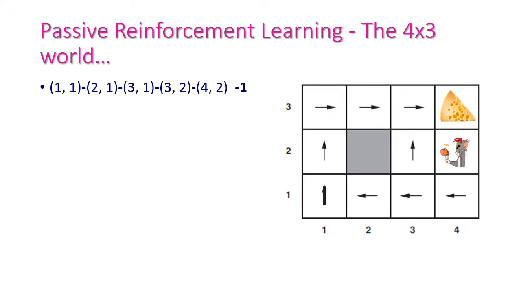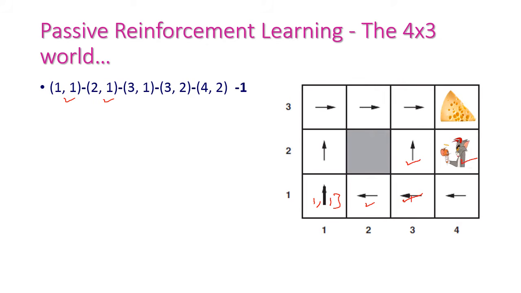And now our agent tries another route. The starting state is always 1 comma 1, isn't it? So 1 comma 1, 2 comma 1, 3 comma 1, 3 comma 2 and 4 comma 2.